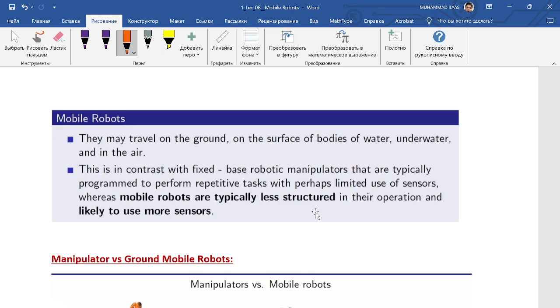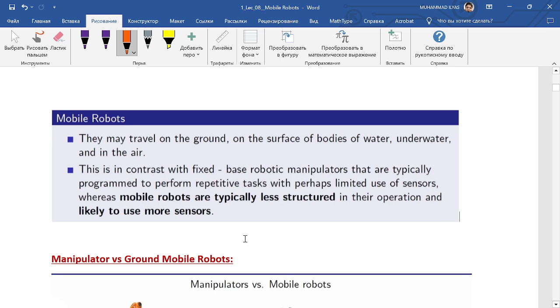And usually when we use manipulators in industry, the workspace is very well structured, meaning that the objects the manipulators have to work with are placed at specific, known locations. But this is not the case for mobile robots, because mobile robots have to move in their workspace.